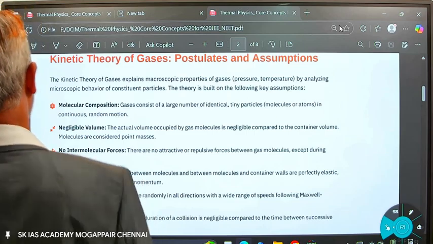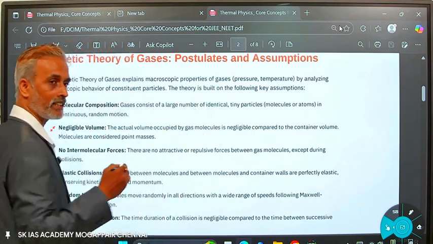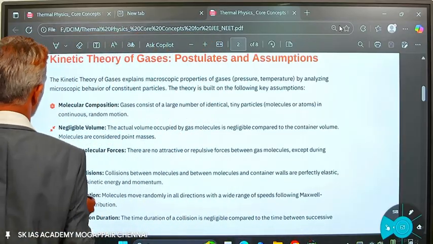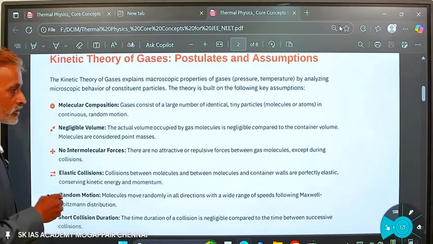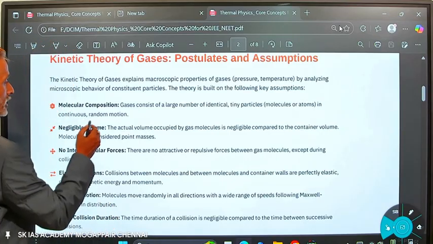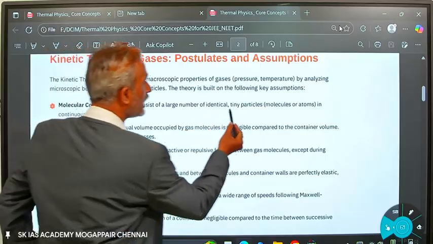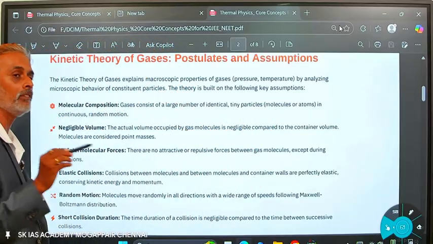So in the kinetic theory of the gas, what we study is the postulates and assumptions. What are the postulates? First, molecular composition. Gas consists of a large number of identical tiny molecules or atoms in continuous random motion.